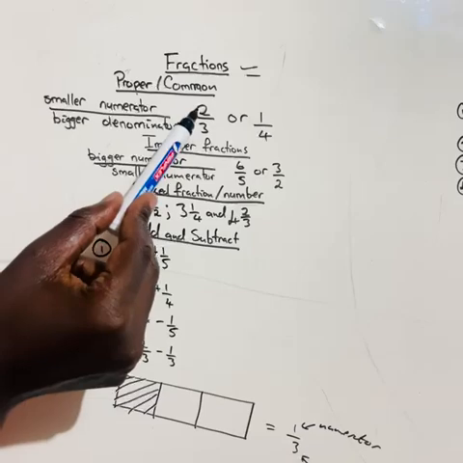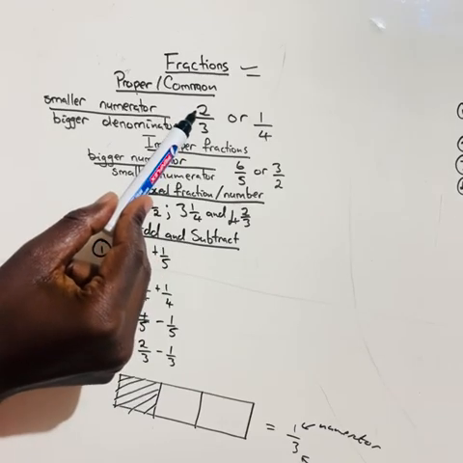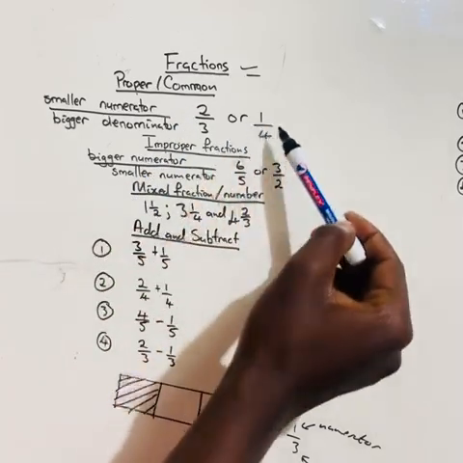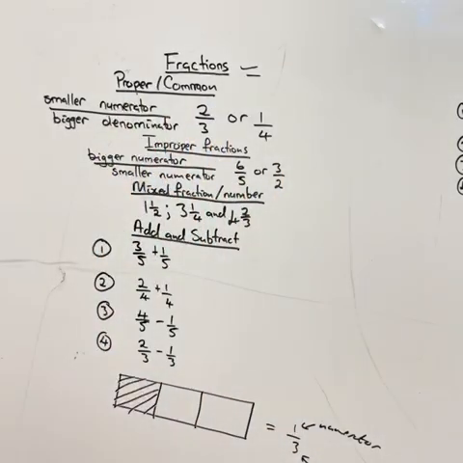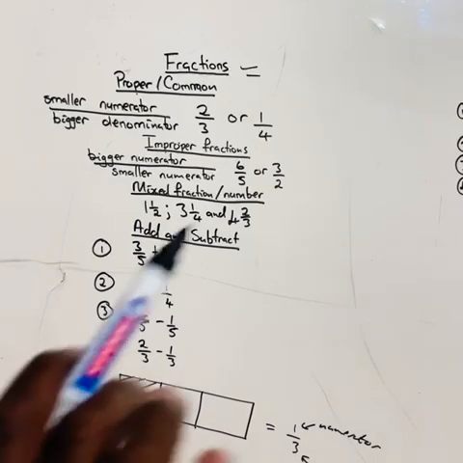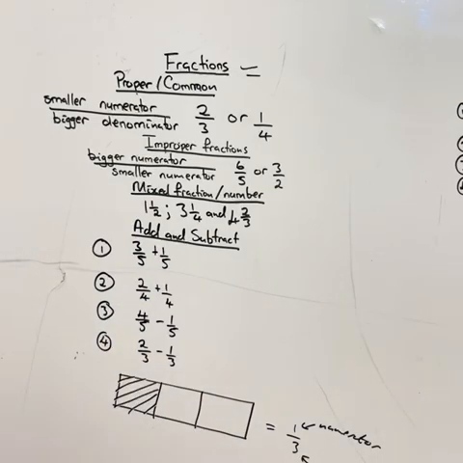So if we come here, we've got 2/3. The numerator 2 is smaller than 3. Or the numerator 1 is smaller than 4. So that's what are known as proper fractions or common fractions. Please forgive me, I do teach English, so that's why there is this mix-up.